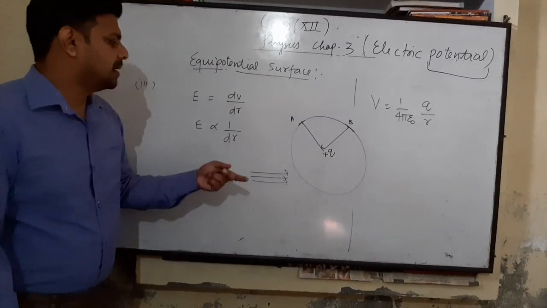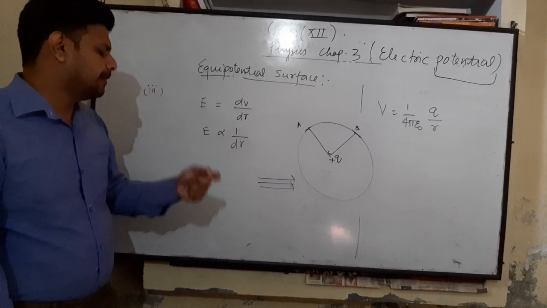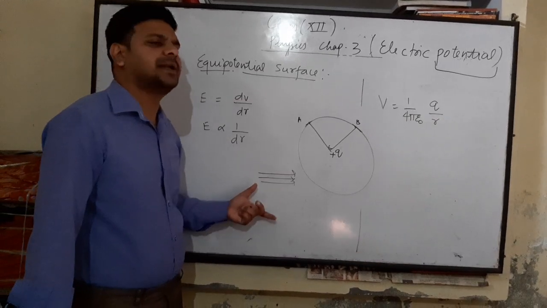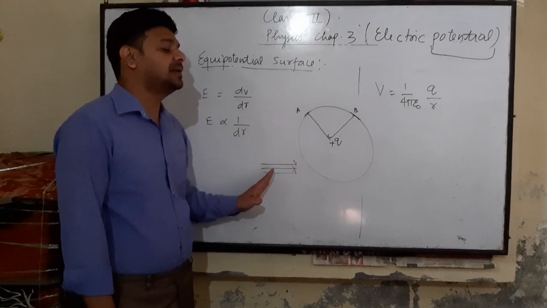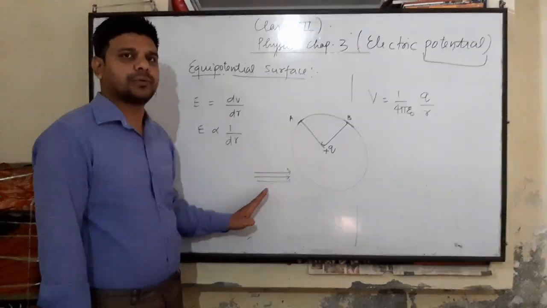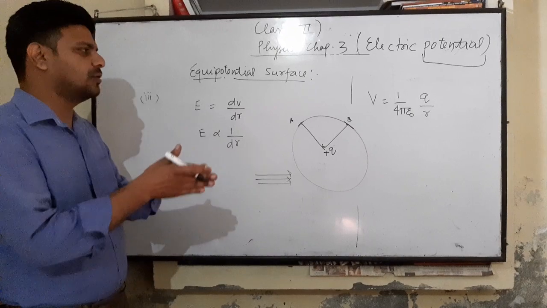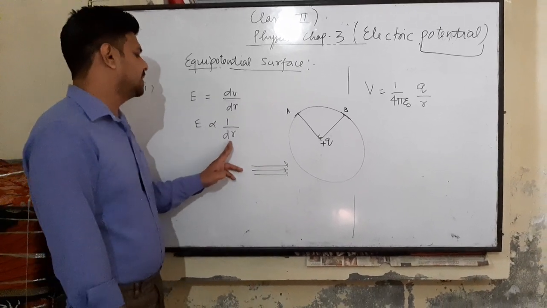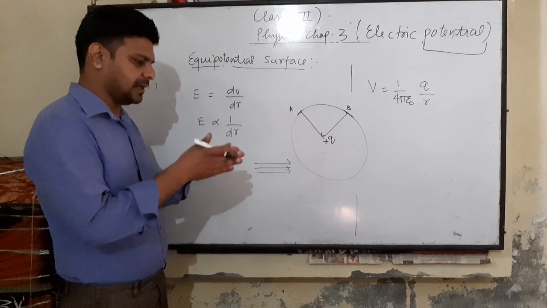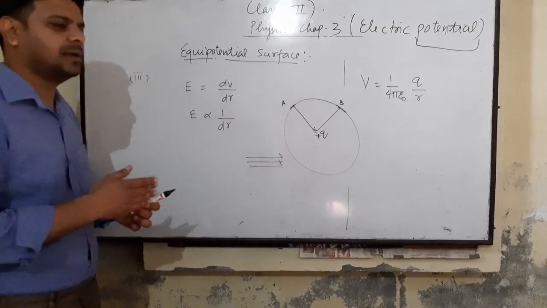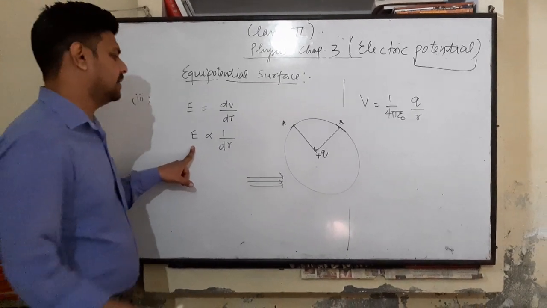In previous videos, we have seen that if electric field lines are closer, then the electric field is strong. Like this, if the equipotential surfaces are closer, then the electric field is stronger. And if equipotential surfaces are far away, then the electric field is weak.